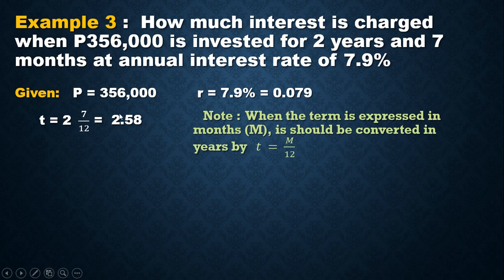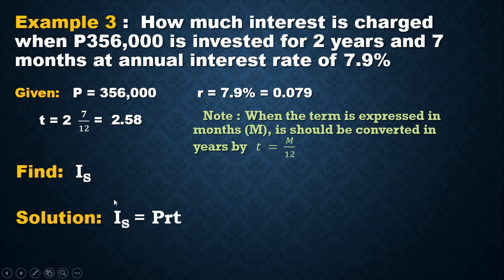Saan nga ba nakuha itong 0.58? Dinivide po itong 7 divided by 12. That is 0.58. 0.58 plus 2, that is 2.58. So ito po yung 2 years. Ito po yung months, 7 months na dinivide sa 12. 0.58. Kaya ang term natin ay 2.58.